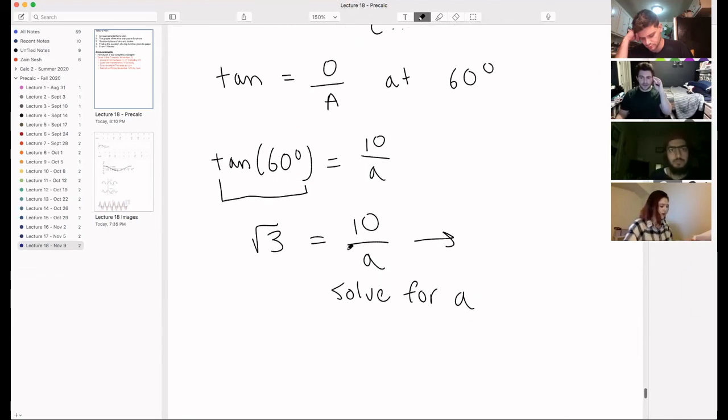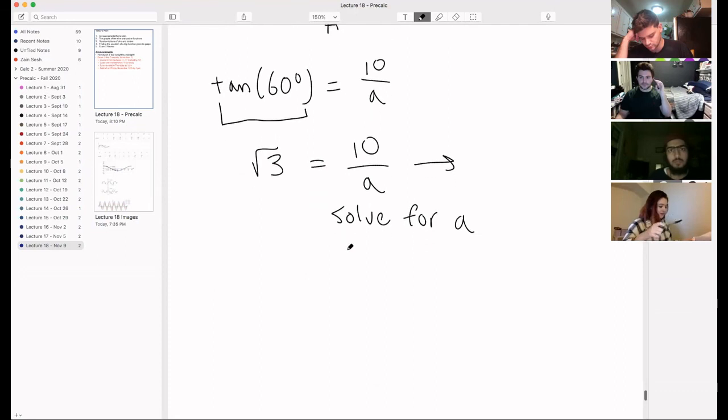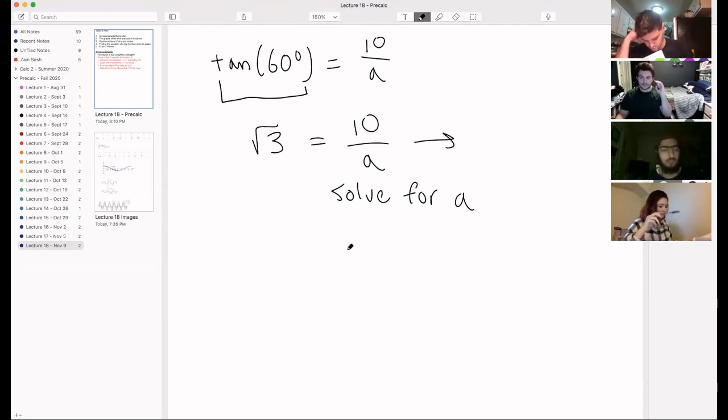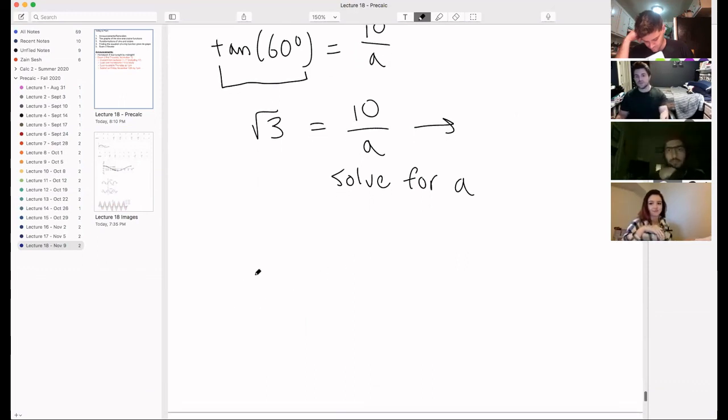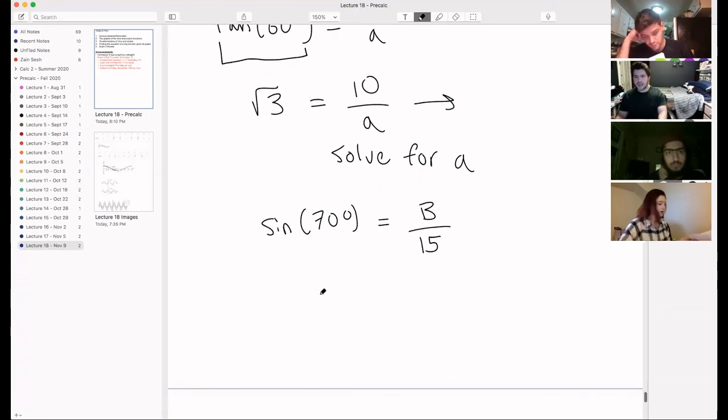For that, I think I got to sine 70 degrees equals b over 15, and then I just stopped there. Oh yeah, so you're done pretty much. Sine of 70 is b over 15. Yeah, so now you want to solve for b, and b will be 15 times sine of 70.